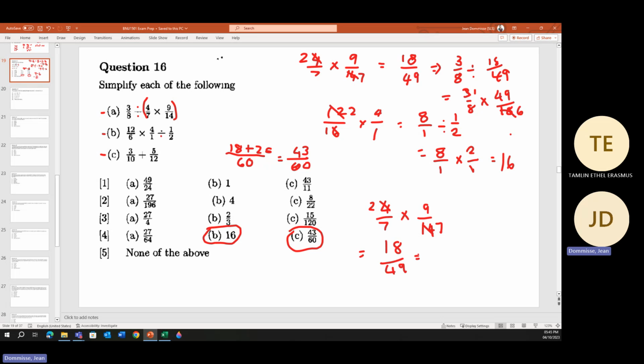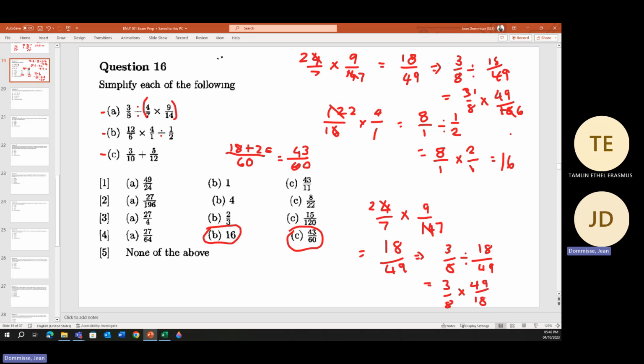So if we then say 3/8 divided by 18/49, and then we say 3/8 times 49/18.